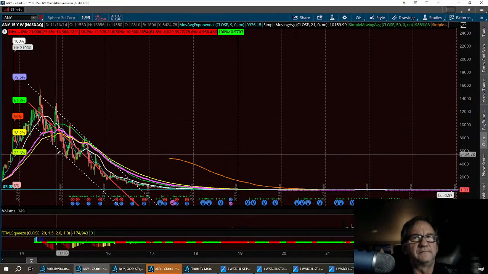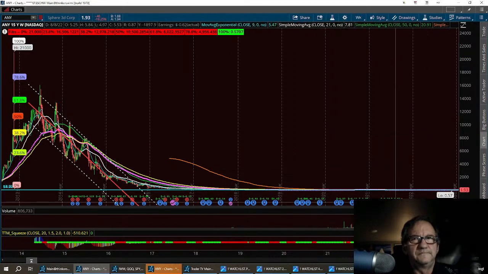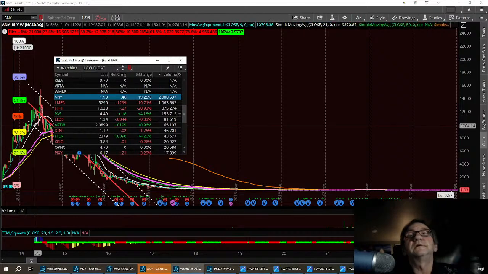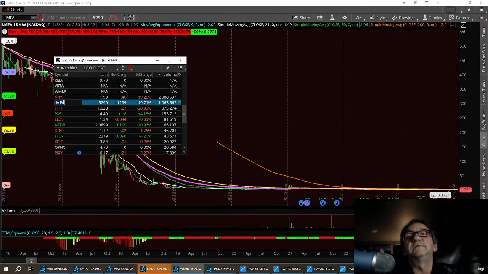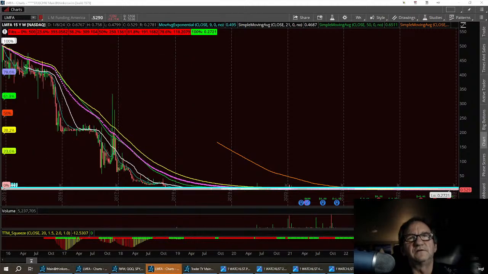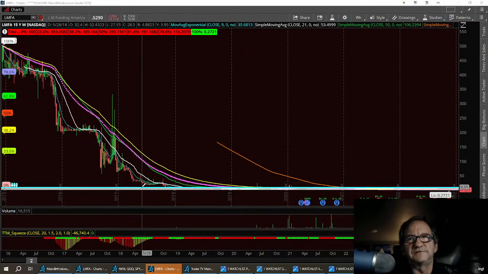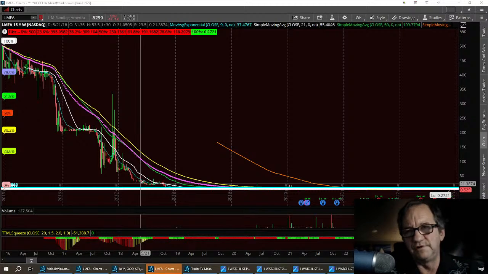And every time it hit the bottom of that channel, I'd take it and run it up. But that was years ago, and they kept getting splits. LMFA is another one that I used to trade a lot. These pennies used to make a lot of money, and all of a sudden they just went, no, I quit trading them. They weren't doing anything. So why trade a sector that's not doing anything?